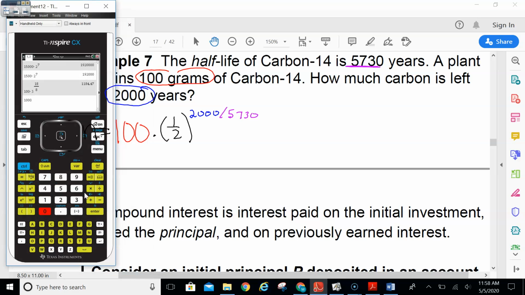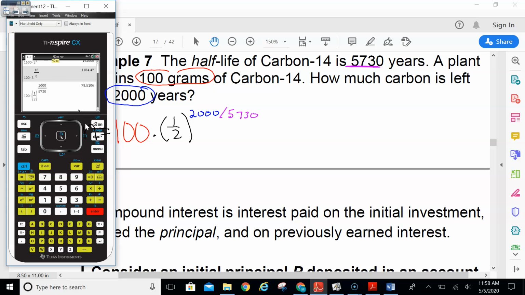That's a way that you know whether your answer is accurate. So 100 times, oops, too many zeros, half, to the, and I'm just going to go ahead and write all this in there. 2,000 divided by 5,730.